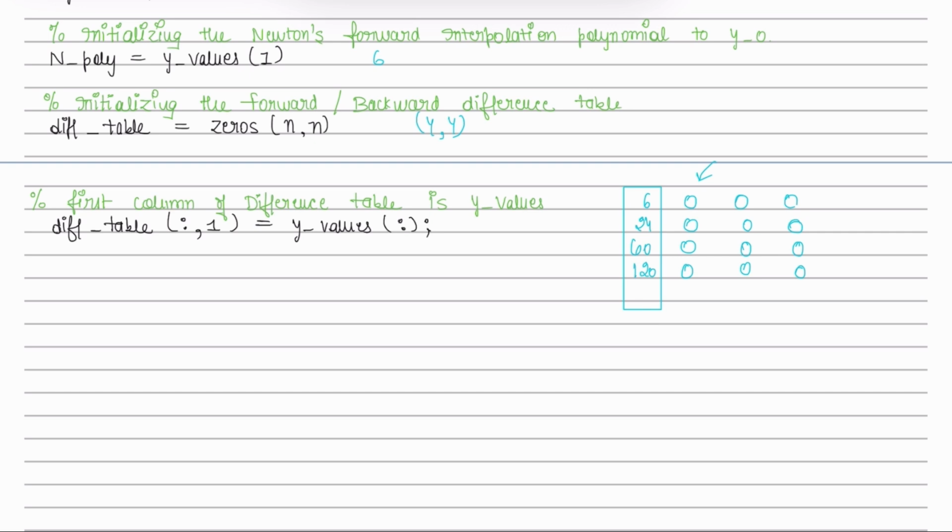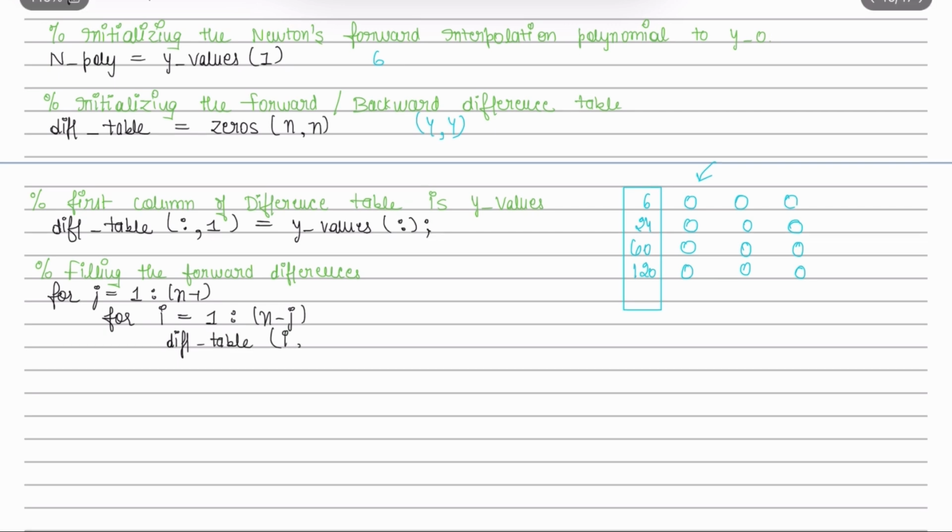For that we will use the loop: for j starting from 1 and running till n minus 1, for i running from 1 till n minus j, the diff_table at index i comma j plus 1 will be updated as diff_table at i plus 1 comma j minus diff_table at i comma j, and these loops will end.